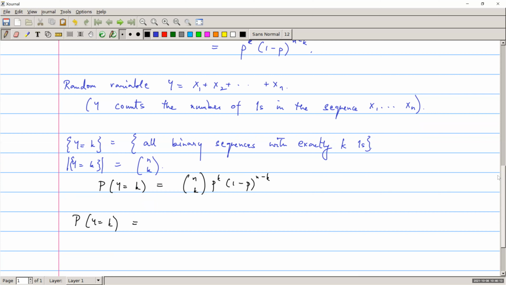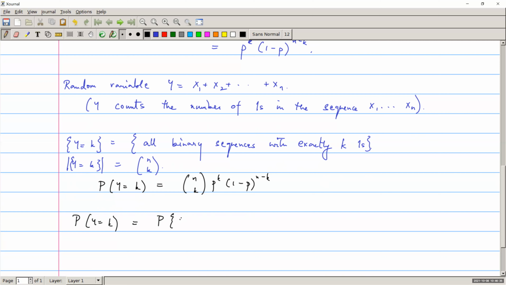When we write the probability of the event y equals k, we are doing exactly what we have been doing in the past. The difference now is that we are trying to do this in an abstract manner. How did we write the probabilities of events before? We looked at every row which corresponded to that event and added up all their probabilities. We wrote it as a disjoint union.